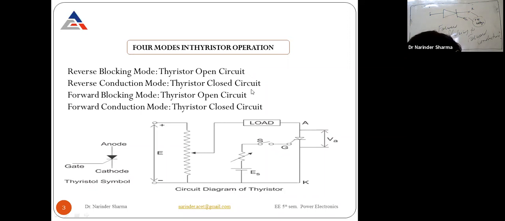Forward blocking means thyristor open circuit. Forward conduction mode means thyristor closed circuit. Here you can see the anode, cathode, and the gate to cathode voltage applied. So it is necessary to apply the voltage between anode and cathode and gate and cathode.